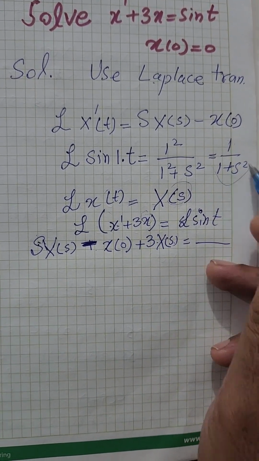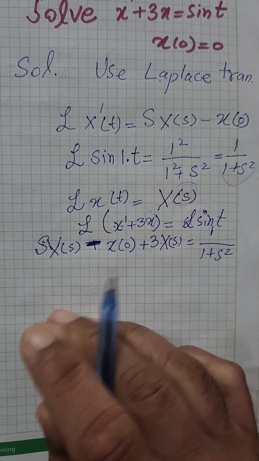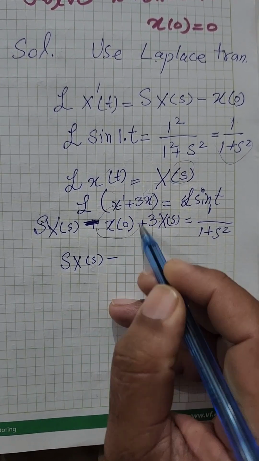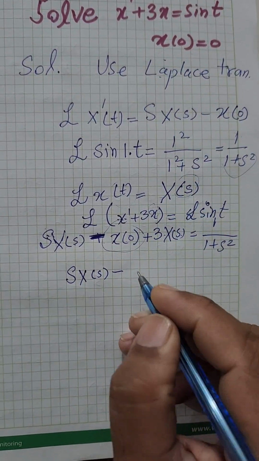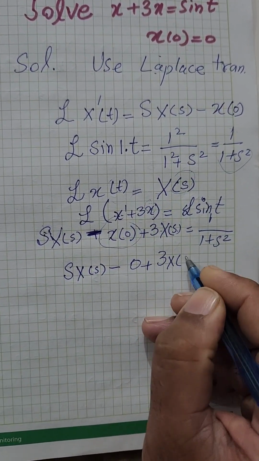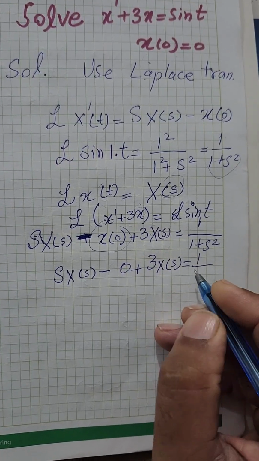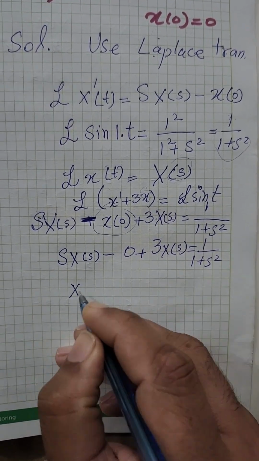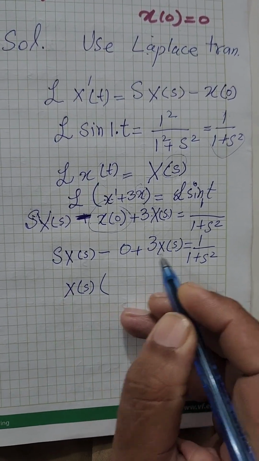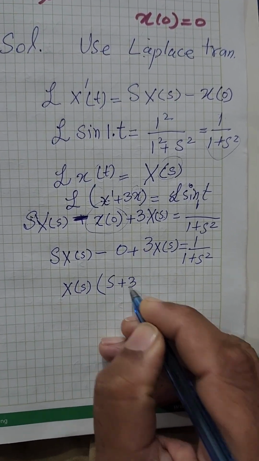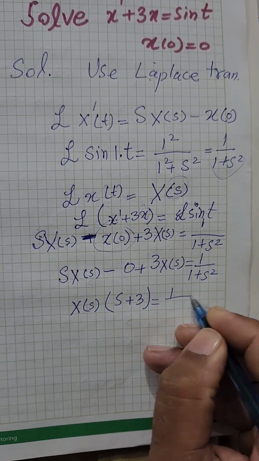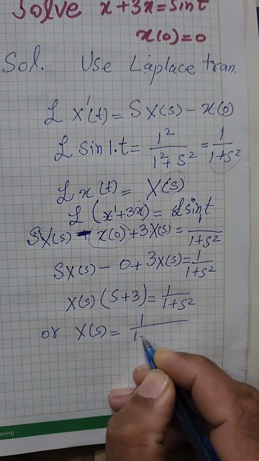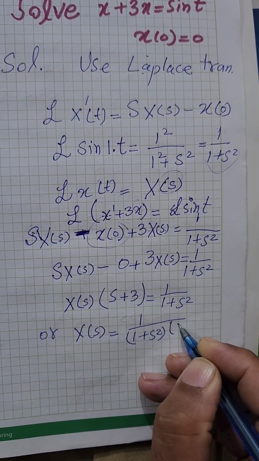Laplace of sine of t, as we have seen, is 1 over 1 plus s squared. So s X of s minus the value of x of 0, which in the given condition is 0, plus 3 X of s equals 1 over 1 plus s squared. Taking X of s as common, (s plus 3) X of s equals 1 over 1 plus s squared, so X of s equals 1 over (1 plus s squared) into (s plus 3).